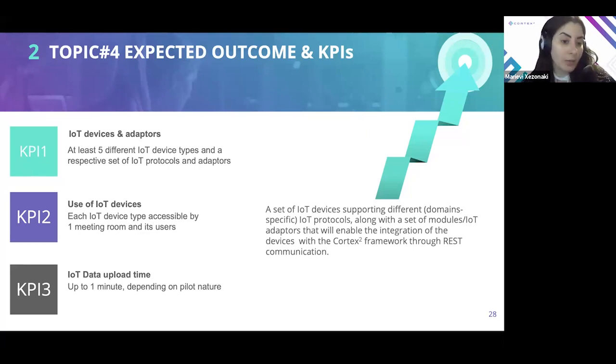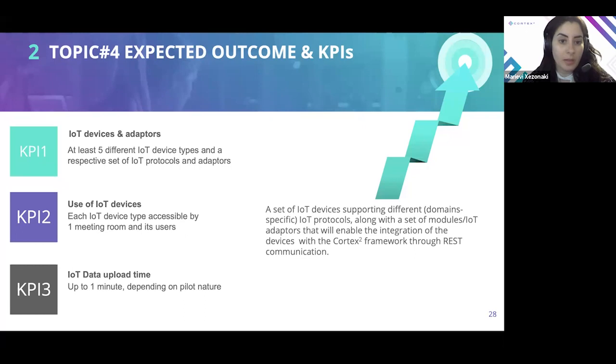Also, each IoT device should be accessible by one meeting room and its users at least. And finally, each IoT device should produce and upload measurements in intervals up to 1 minute or less, depending on the nature of the pilot.